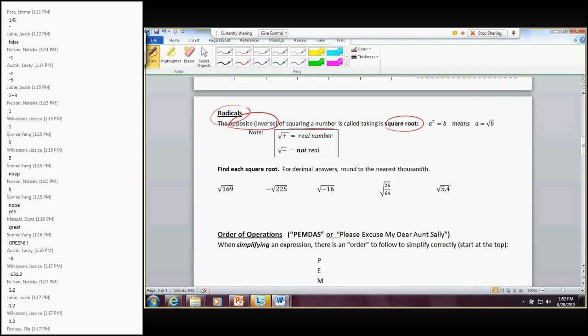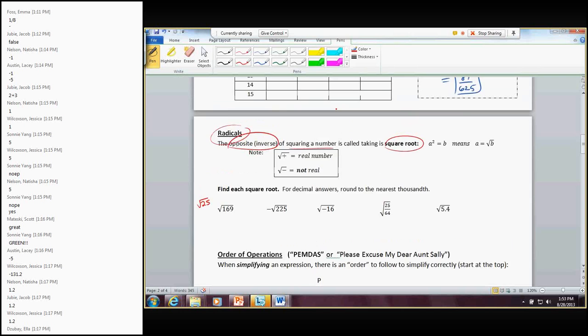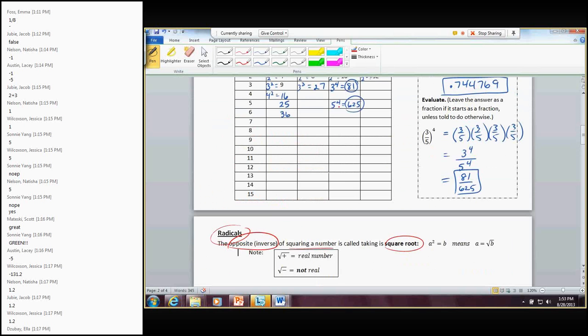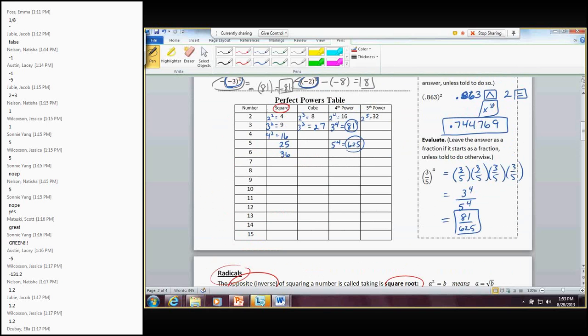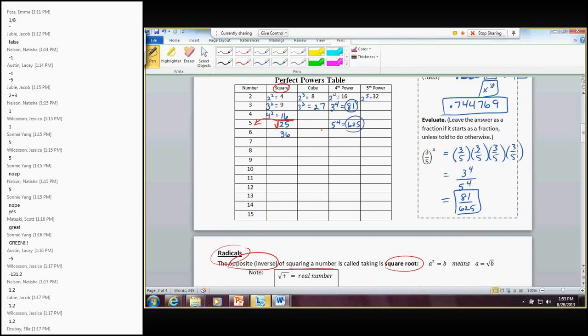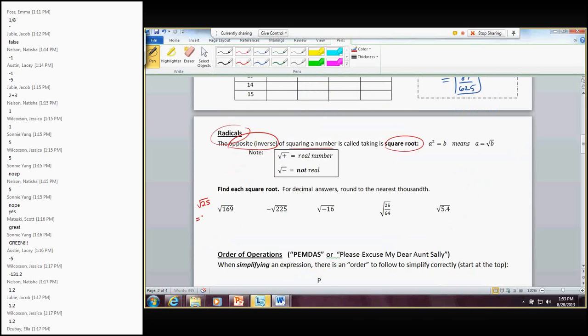So I'm going to do a simple one. Let's do the square root of 25. If it's the opposite of squaring, then I'm going to look at 25, and the square root of 25 is 5. So that's how you can use a perfect powers table. So the square root of 25 is 5.